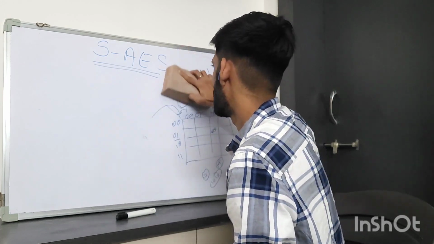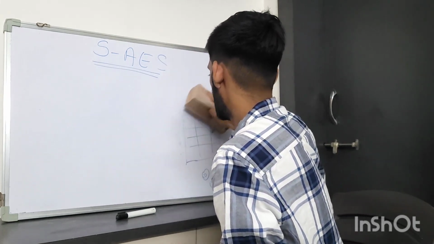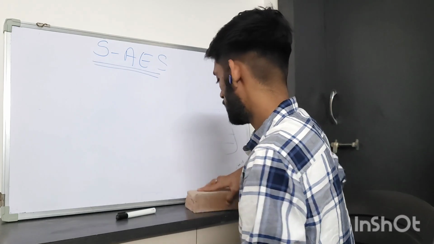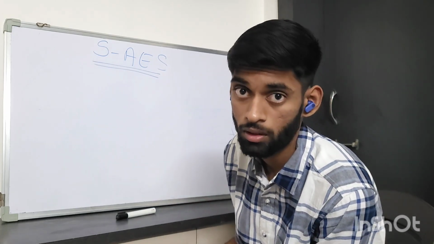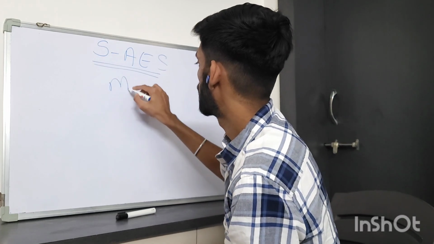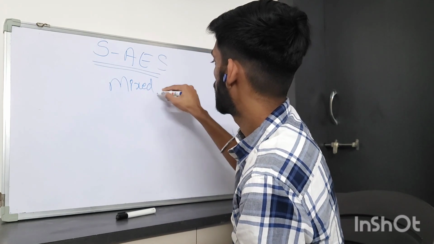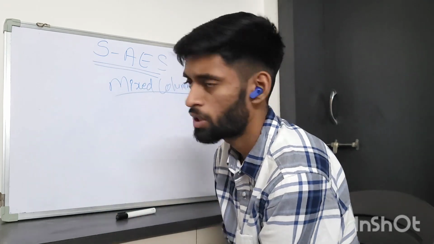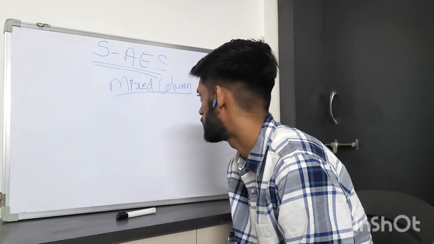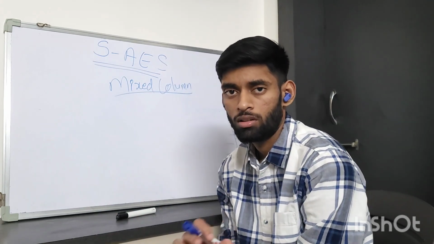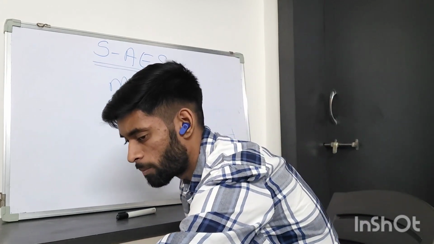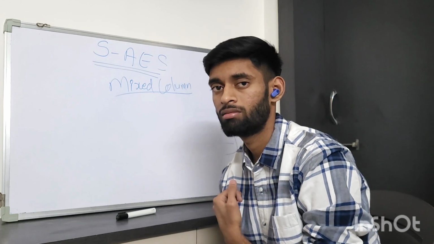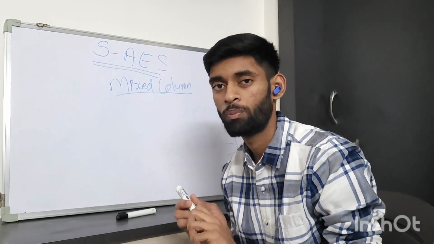The last operation that we have to apply while solving AES is mix column. We are not going into much detail on this operation because it is somewhat confusing, and it can be better understood while solving the numerical. But let me give you an overview.